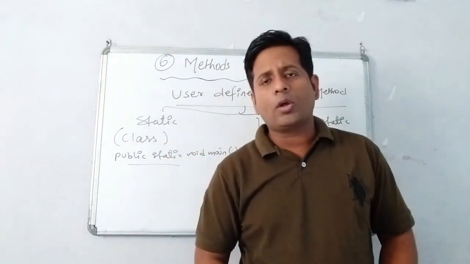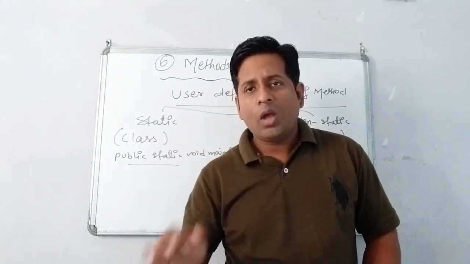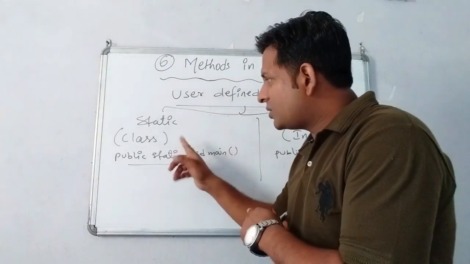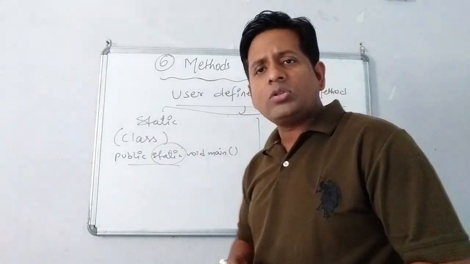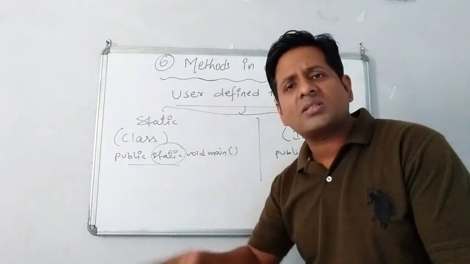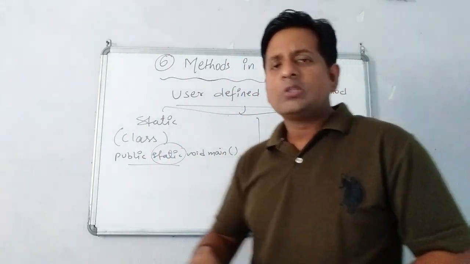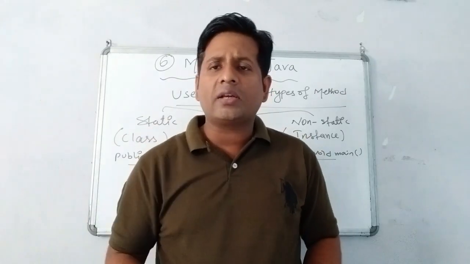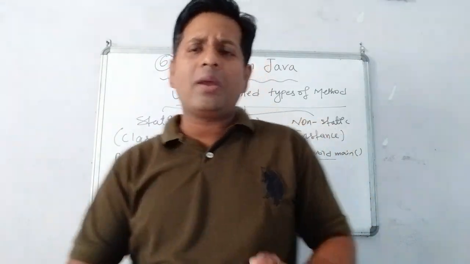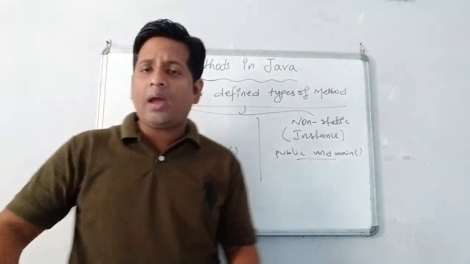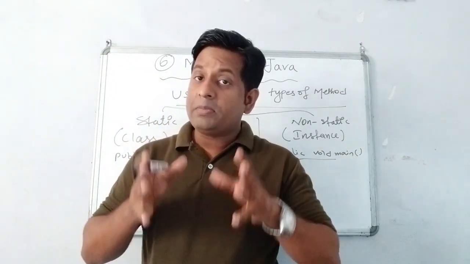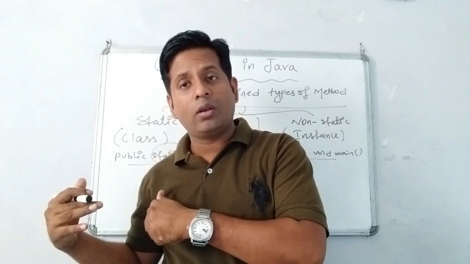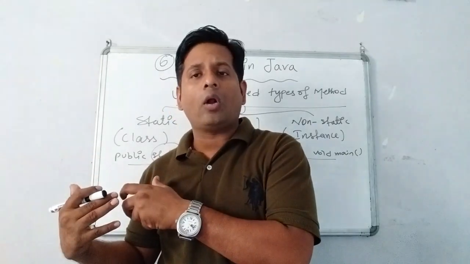In both ways you can do the programs, no problem. The only difference is the keyword static. When we use the keyword static, this becomes a class function, a class method. So when it is a class method, it executes directly. The compiler directly knows that this is the main function or any function, and will execute and display the output. Directly it will be called.